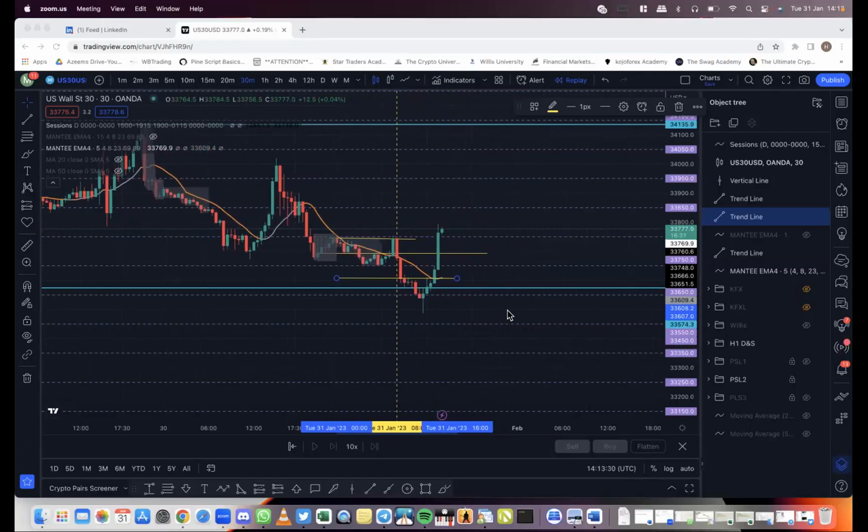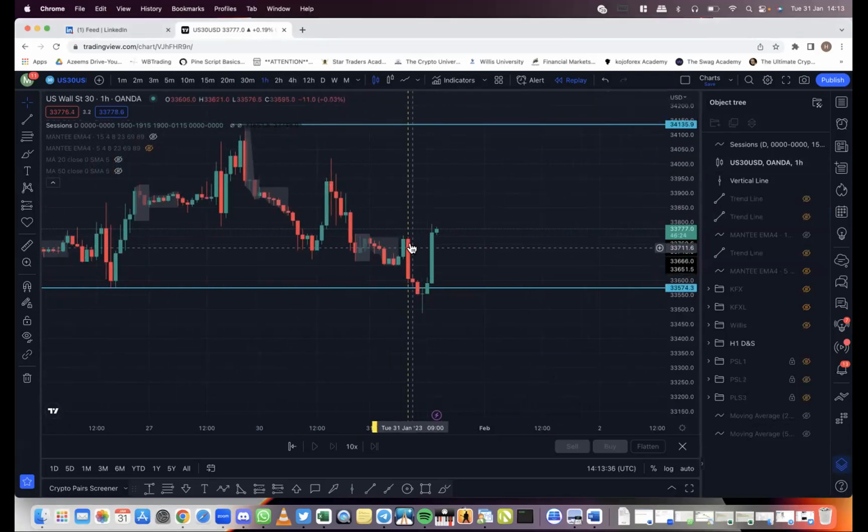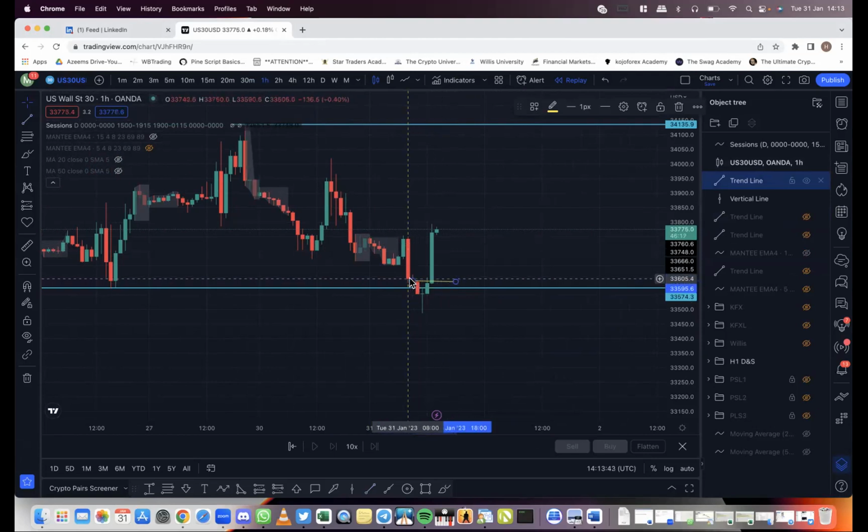So see, right here, this is 30 minutes, but we know for sure that we broke the 1 hour. We got these candlestick patterns on this level. Yes. Let me see.